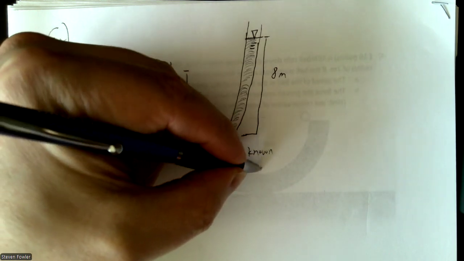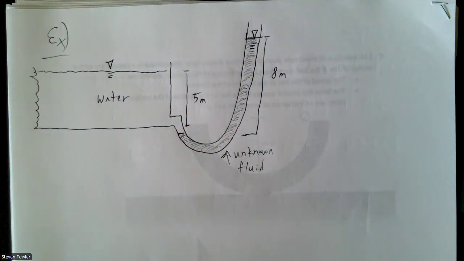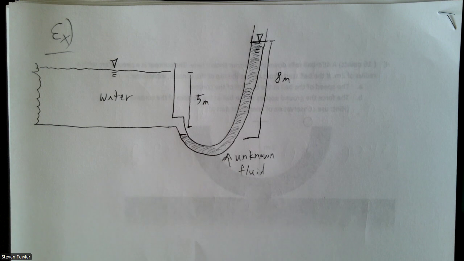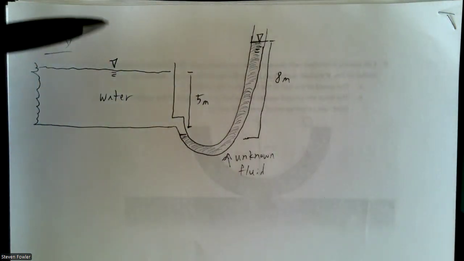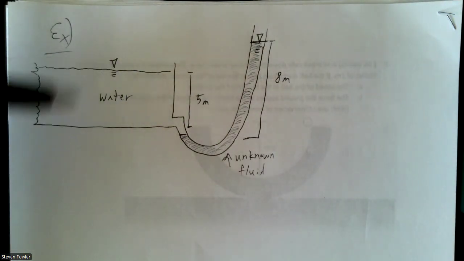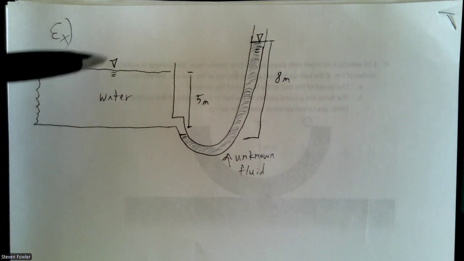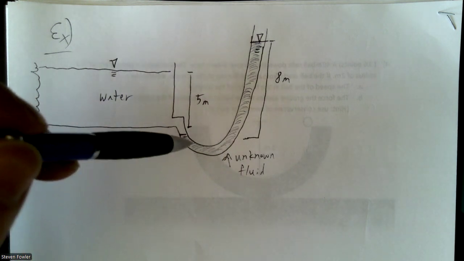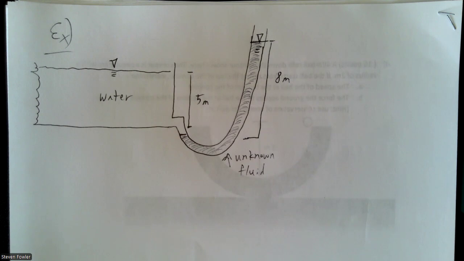Now, in my class, when you're working examples, when you look in the book, there's going to be a long, maybe a 2 or 3 sentence paragraph explaining that a body of water 5 meters tall and open to the atmosphere has a U-tube manometer coming out of the bottom of it. And in the U-tube manometer is an unknown fluid, and that unknown fluid goes up about 8 meters.